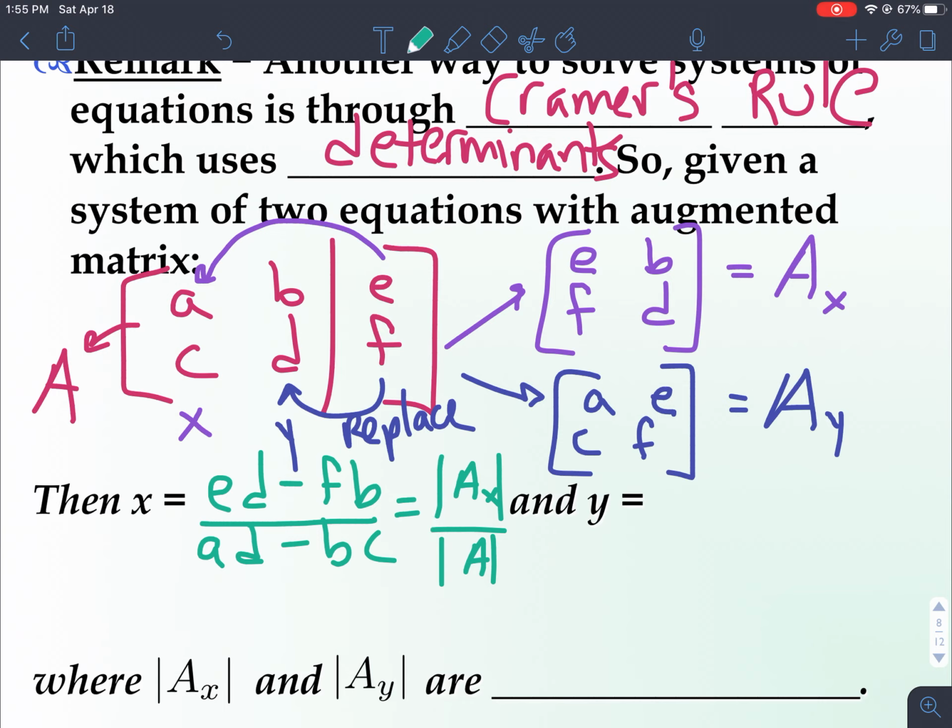The Y will turn out to be the determinant of the augmented Y matrix divided by the determinant of the regular A matrix.